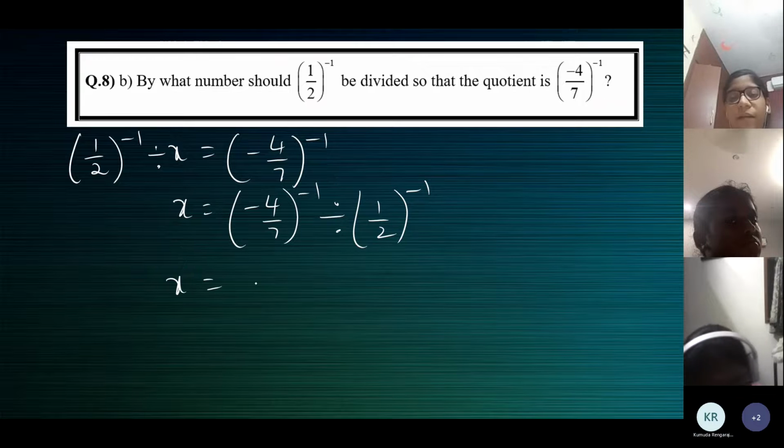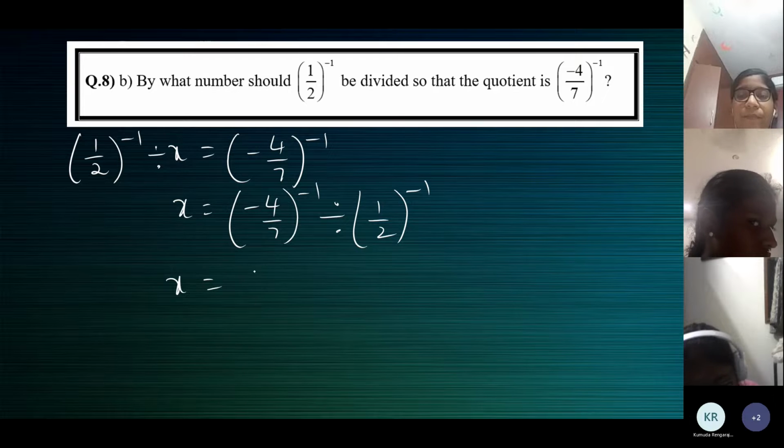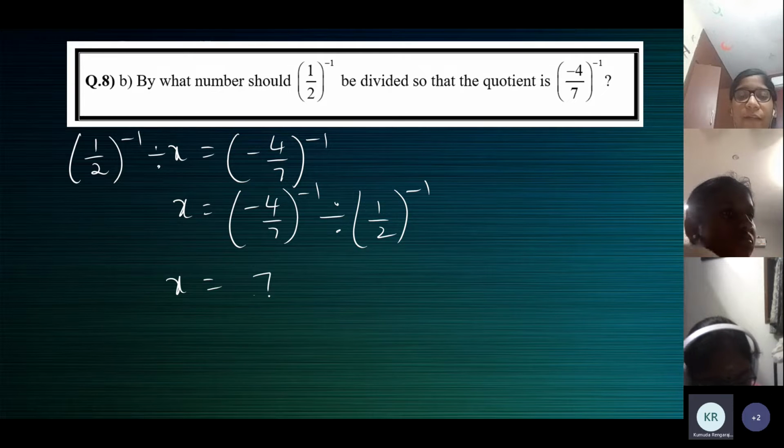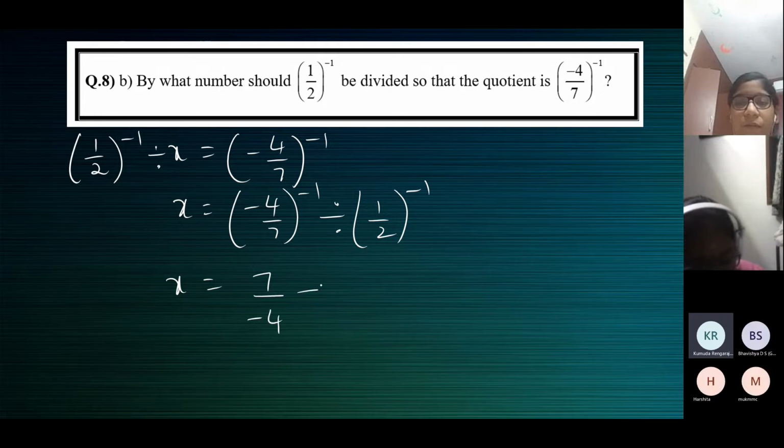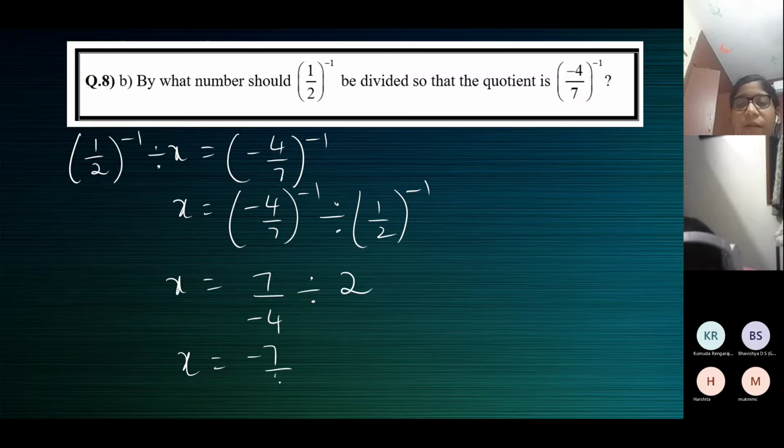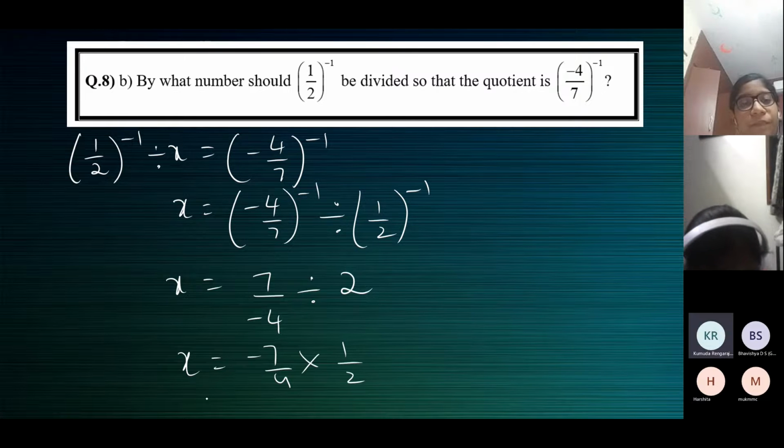Then x equals 7 by minus 4 divided by 2, and then at the last step minus 7 divided by 4, and then I multiplied 1 with 1 by 2. So x equals minus 7 by 8.